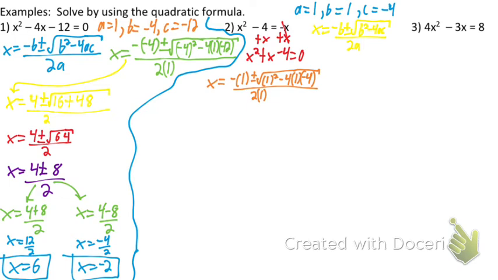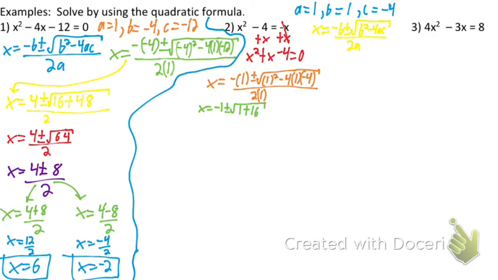Alrighty. So we go through step by step. What is the negative of 1? Negative 1. Plus or minus, what's 1 squared? 1. What's negative 4 times 1? Negative 4. What's negative 4 times negative 4? Positive 16.